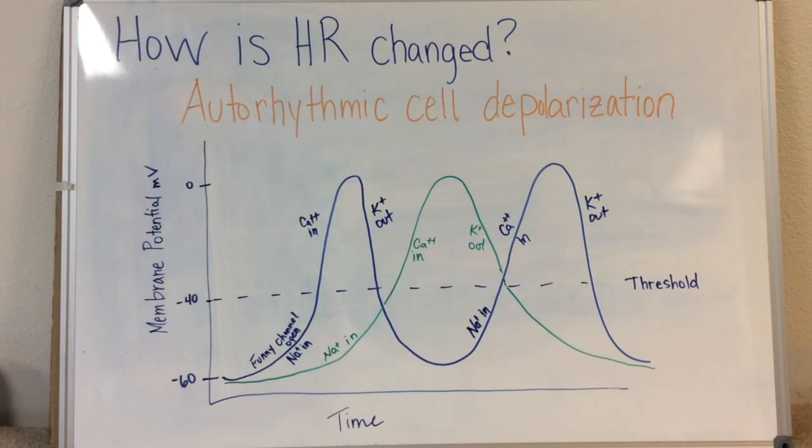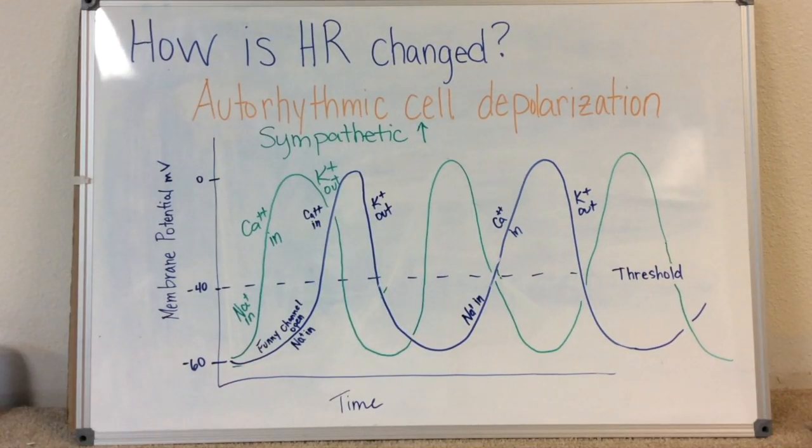Remember, every action potential corresponds with the contraction of cardiac tissue. So in the example on the board, there is less parasympathetic innervation. There were 2 atrial contractions. When parasympathetic stimulation increased, in that same amount of time, there was only 1.